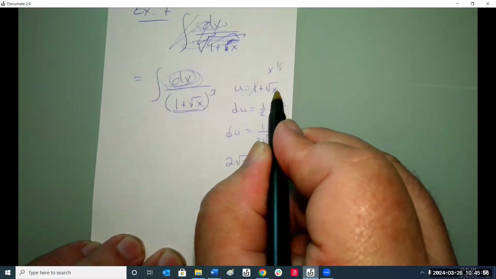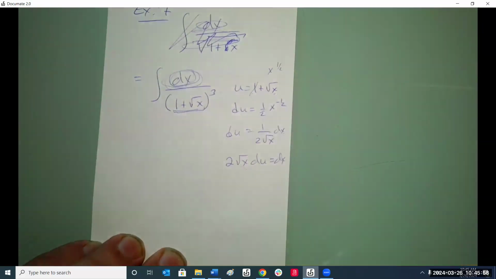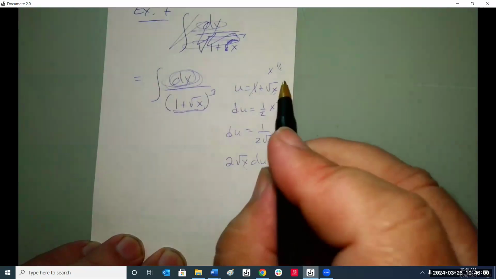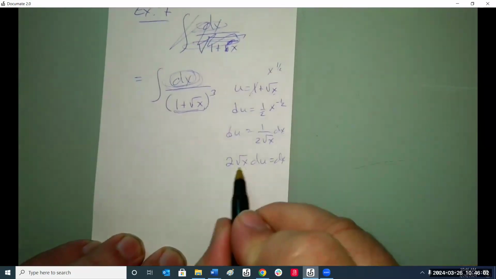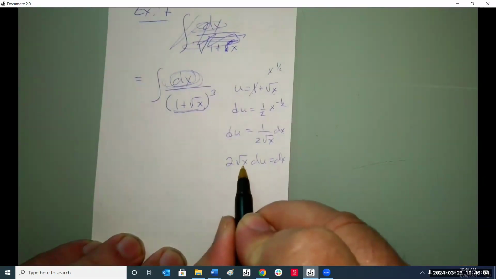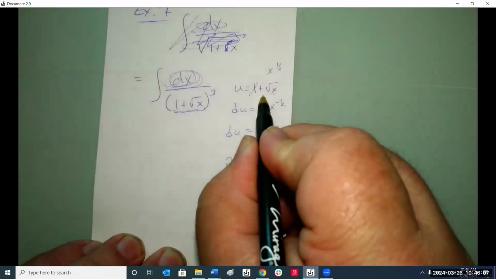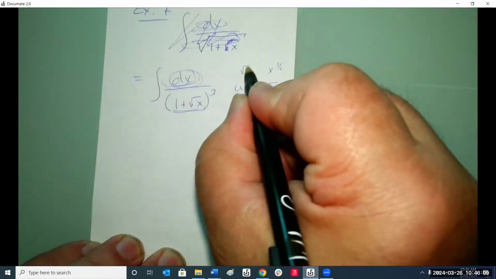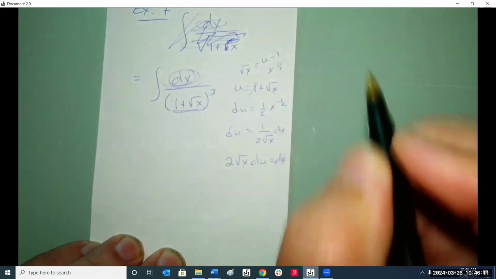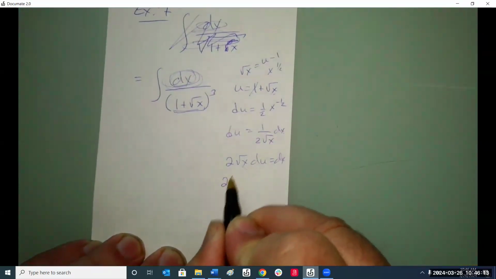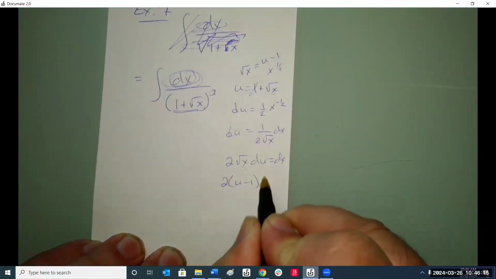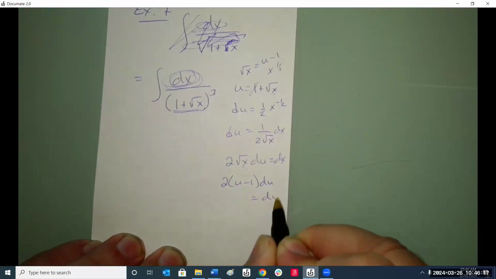We have to get x in terms of u. Or we could do radical x even. Radical x is u minus 1. So 2(u minus 1) du equals dx.